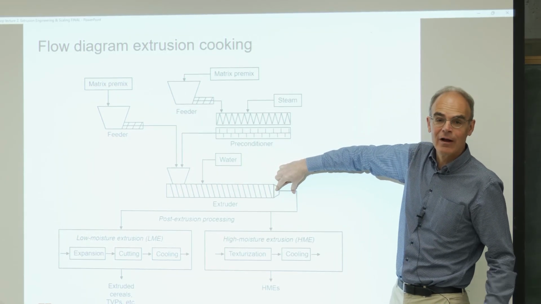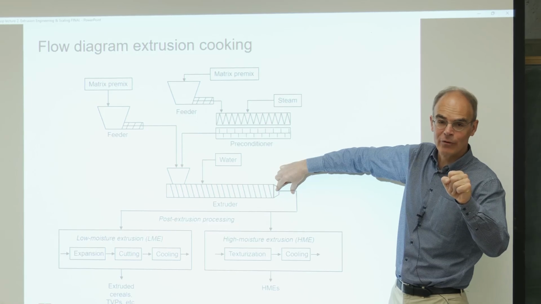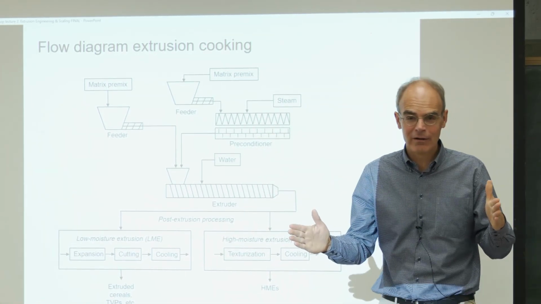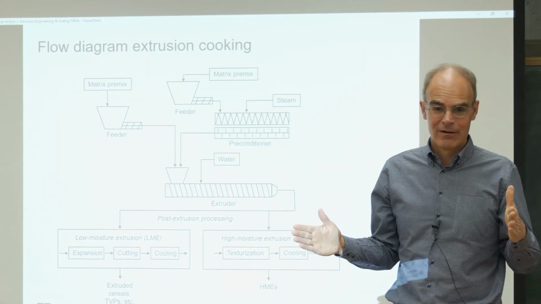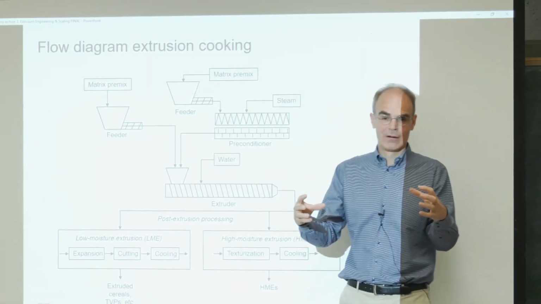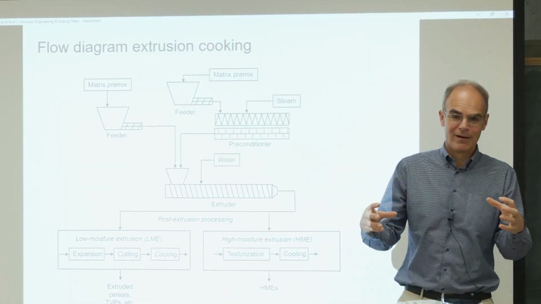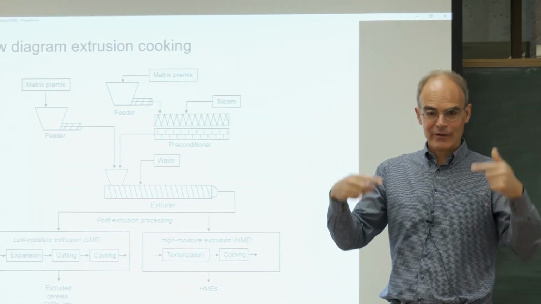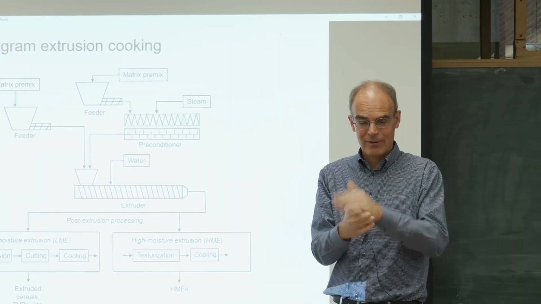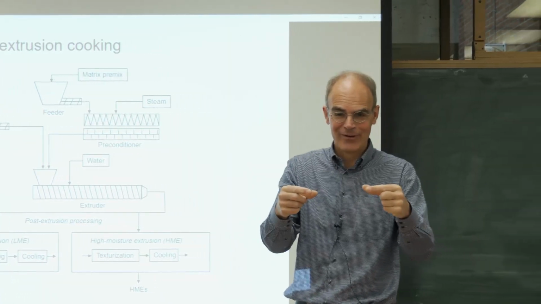Cooling die. For what type of products do we use the cooling die? High moisture extrusion. How does a cooling die look like? It's like a brick. And what is in that brick? It's just a chamber with water. It's a cooling mantle, yes. And what are we cooling? The material.